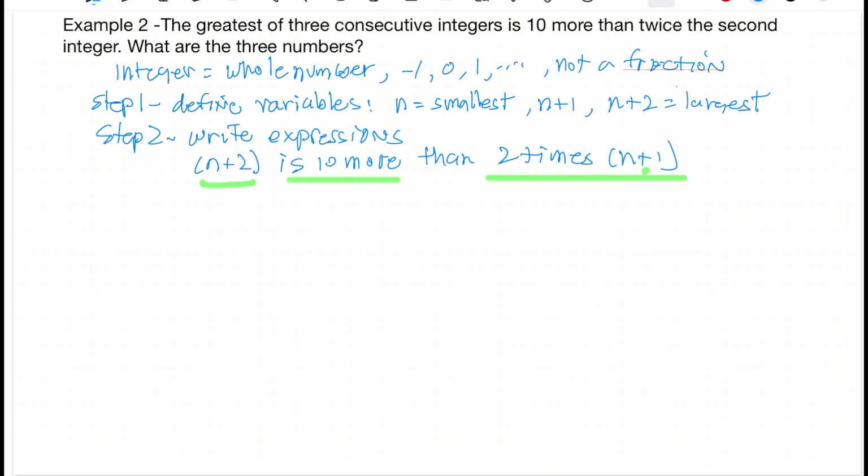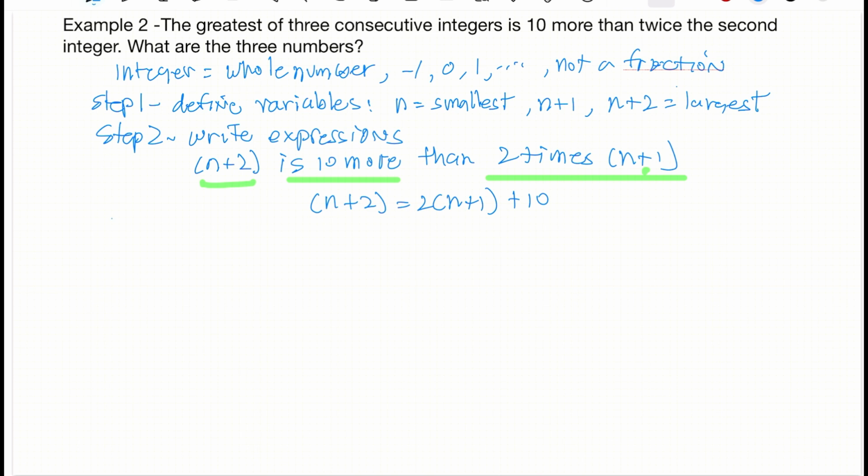Now if we just write this out, it's n plus 2 is equal to 2 times n plus 1, plus 10. And generally in these type of problems, the second step is the hardest, converting the words into an algebraic statement.